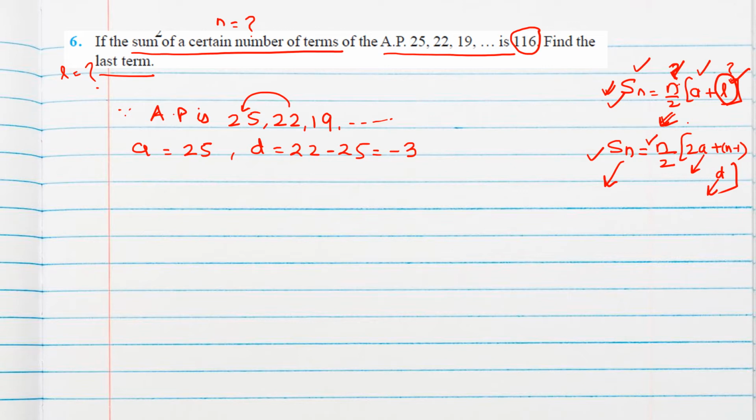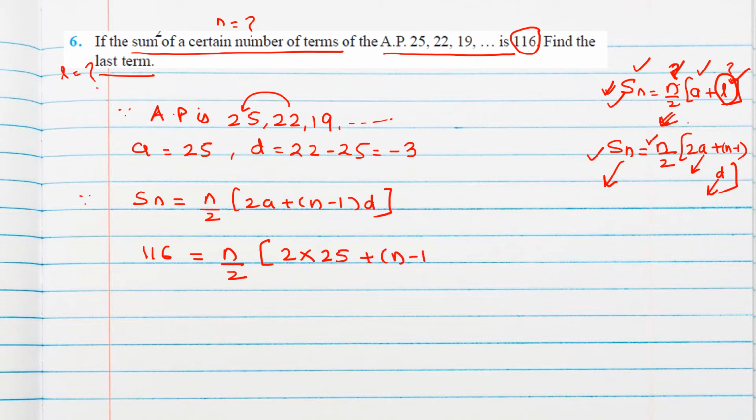Since Sn is n by 2 (2a plus (n minus 1)d), Sn is given as 116, n is not given, a is 25, and d is minus 3. So 116 equals n by 2, 2a will give 50.